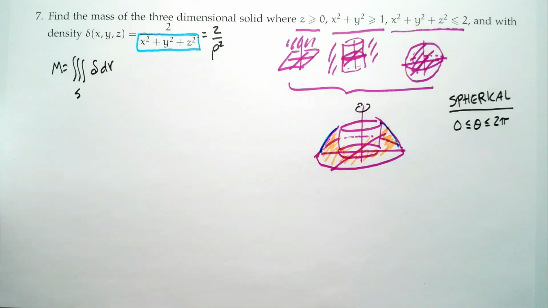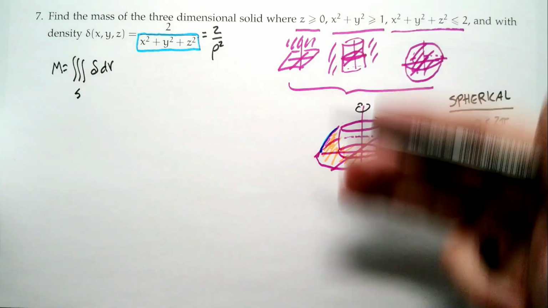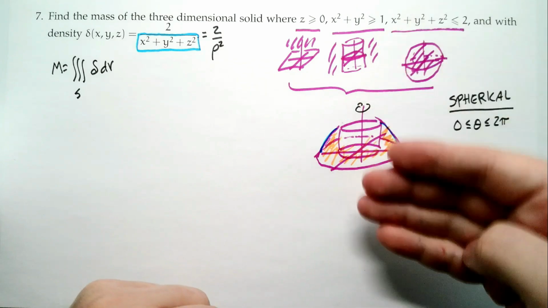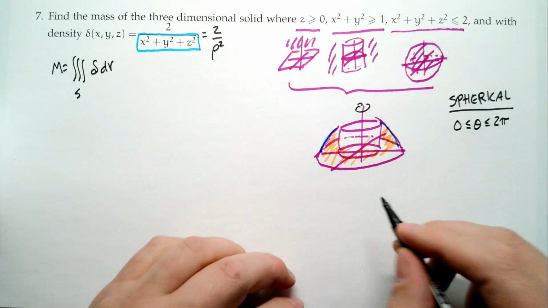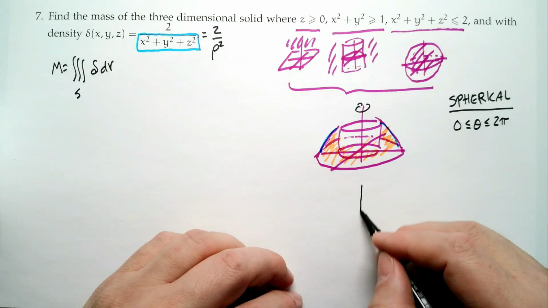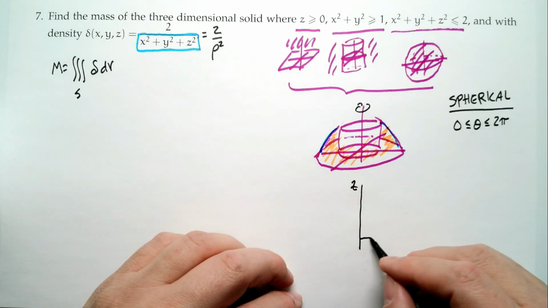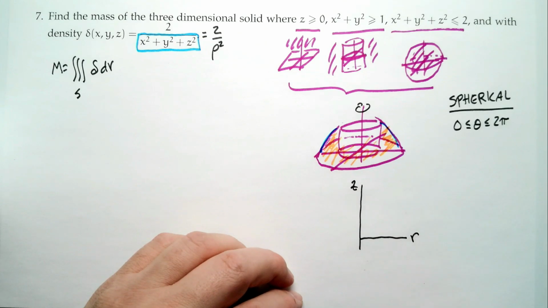Now, to get an idea for rho and also for phi, I find it's best to work in a slice. So I imagine I'm going to slice down, almost like a half plane, where half of it is on the z-axis. It's like a page where I have the z-axis, and then I'm coming out from the z-axis. I like to call this r.